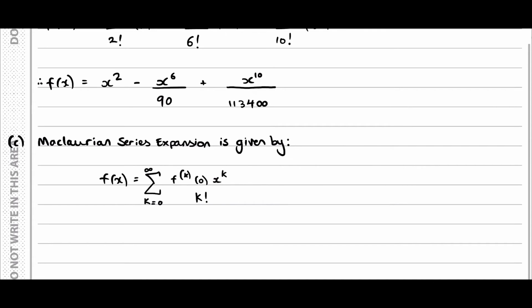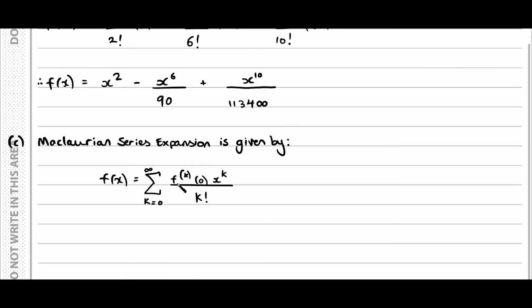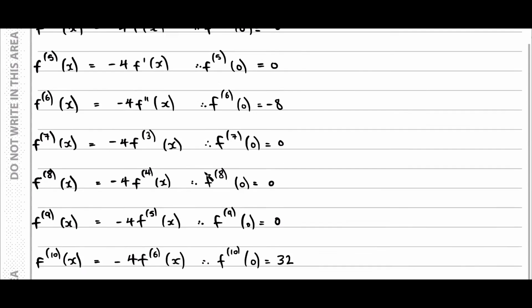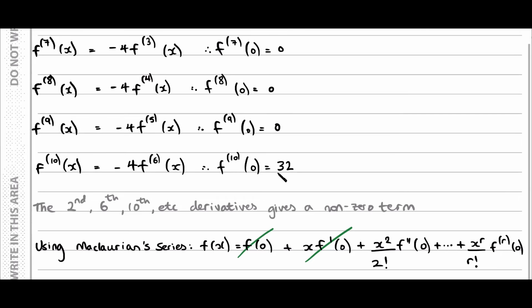And you'll notice k over here, where we have the 2, the 6, the 10, etc. That forms a linear sequence. And for this kth derivative at the point x equals 0, we found that we have values of 2, -8, and 32. So essentially, what's happening over here is the following.